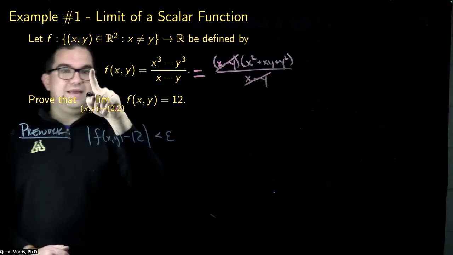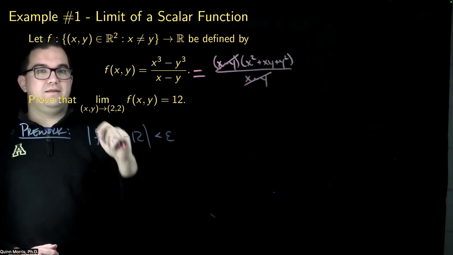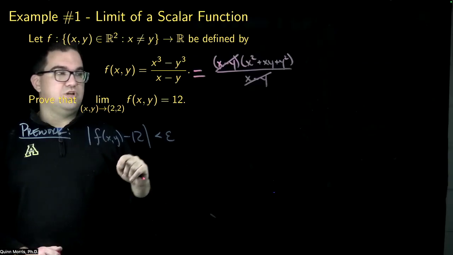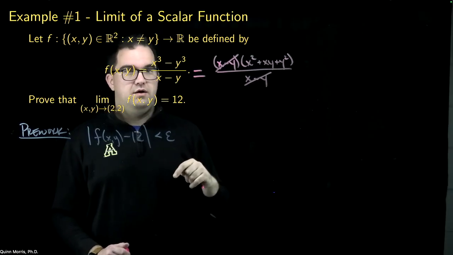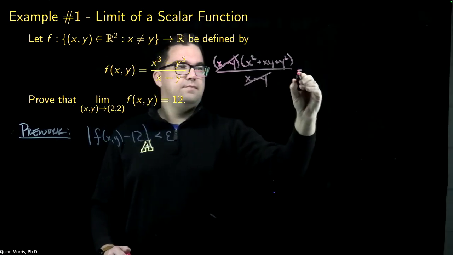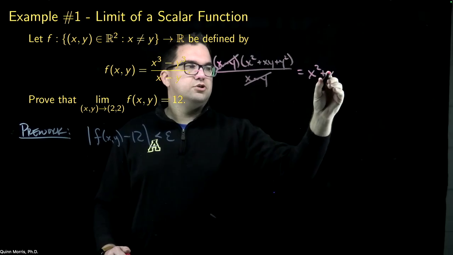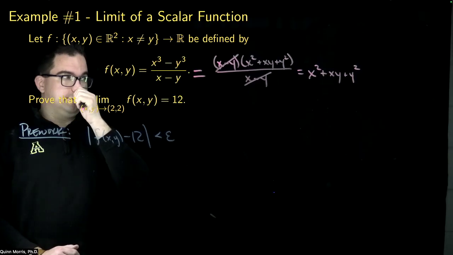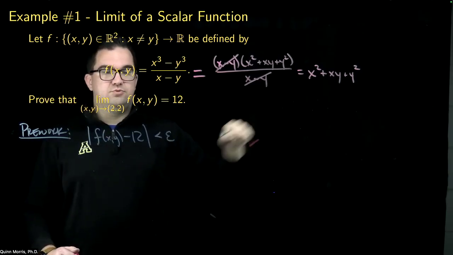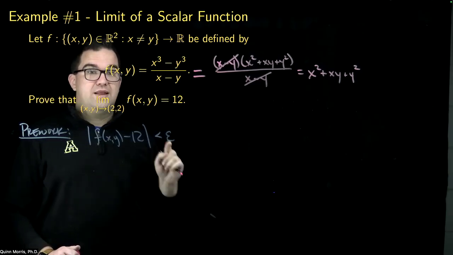And if I'm in the domain here, right, the domain is when x is not equal to y. So when x is not equal to y, these are non-zero, so I can cancel them. And so this function can be expressed this way when x and y are not equal to each other.